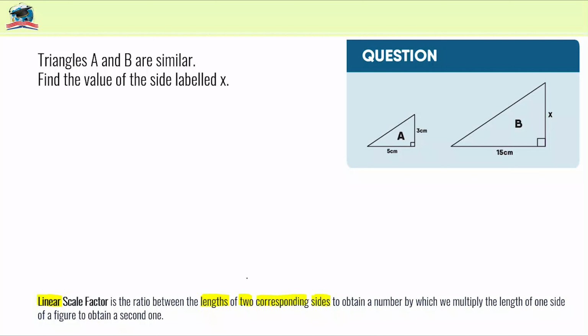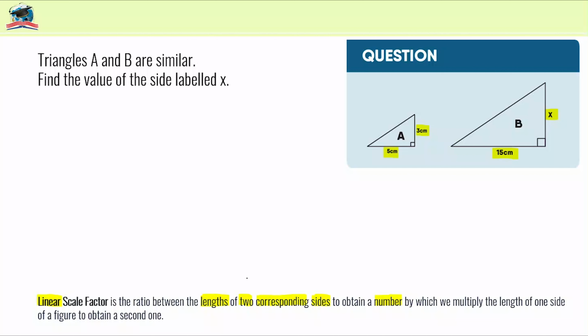So we have 2 corresponding sides here, to obtain a number by which we multiply the length of one side to obtain the length of the other. So we need to obtain a number. If we multiply 3 by that number, we're going to get this. So that's what it says.